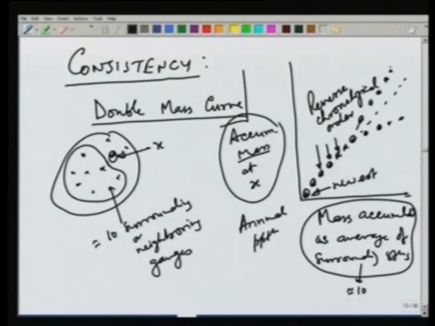So, for example, the data for 2004 may be here, 2000 may be here, and maybe let us say 1990 is here. So, this tells us that in 1990 something changed at this station and the data is not consistent.